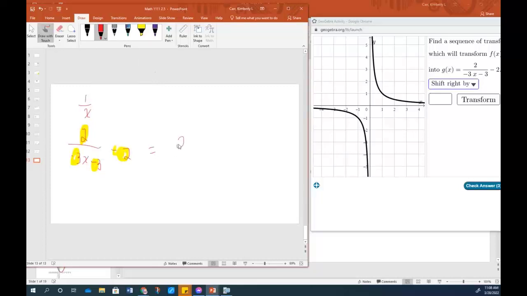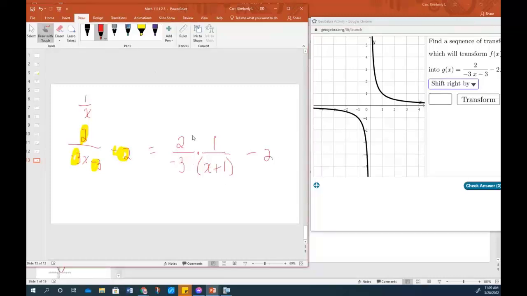But if I factor negative, or I want to say negative 2/3, but I'm going to put that negative 3 on the bottom first of all, just so you can see it. If I put a 1 there, and then I put x plus 1, and then let me still hit minus 2.